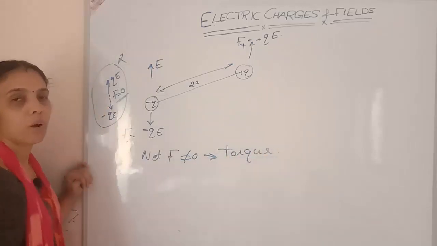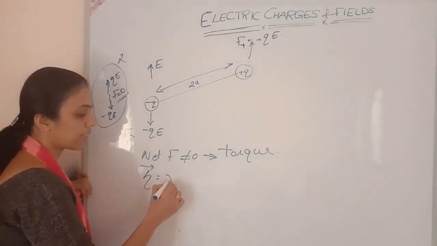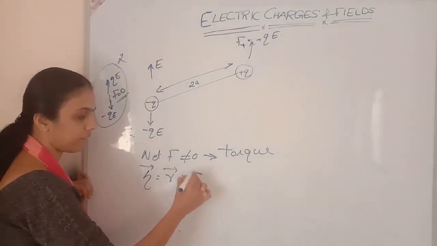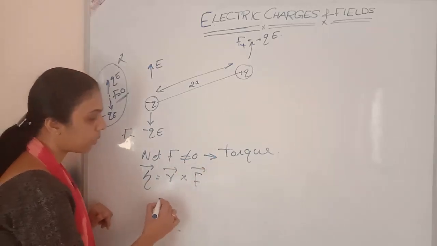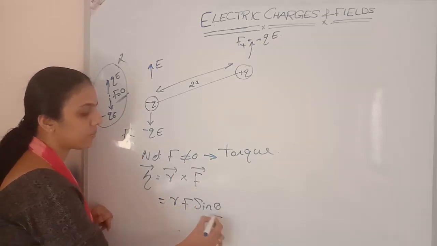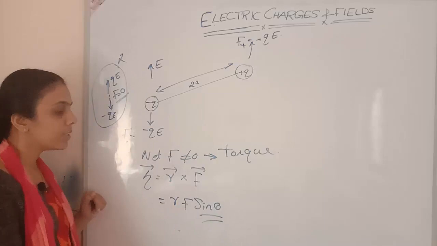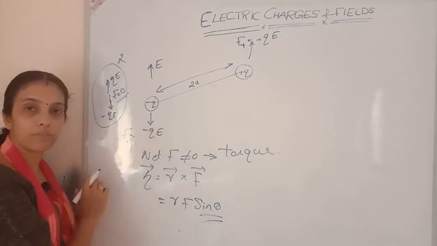What is the formula to find the torque acting on the system? Torque τ equals r cross F. Last year we learned this, right? What is r cross F? It is rF sine theta. This we need to find out. What is F here? The magnitude of F is qE.